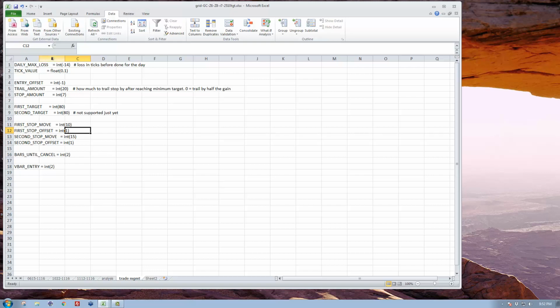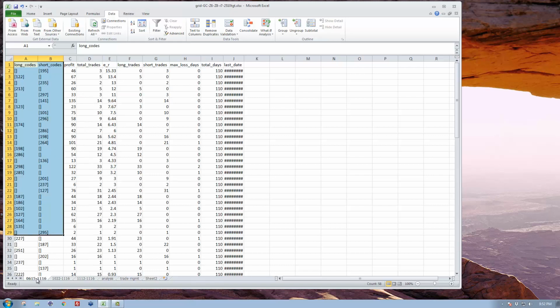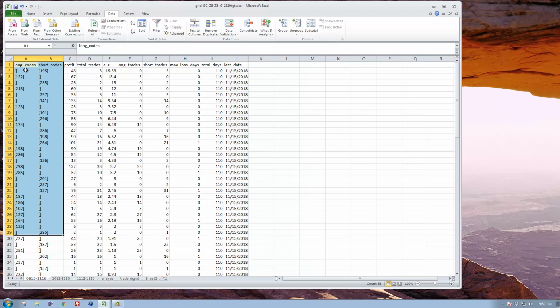Same story. Do the replay, do the grid search, and then sort by ER, efficiency ratio. Copy those codes out and do that for since 6:15 to, it's actually 11:15, not 11:16, because I did this.